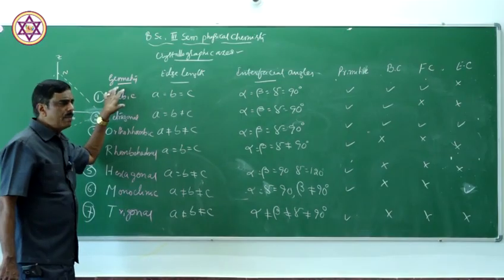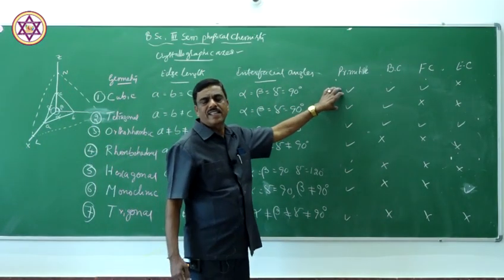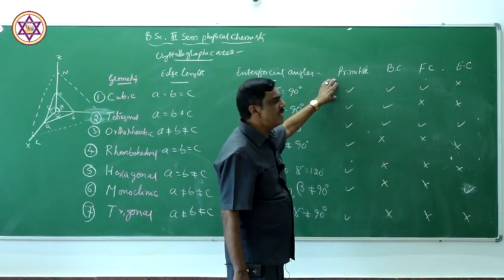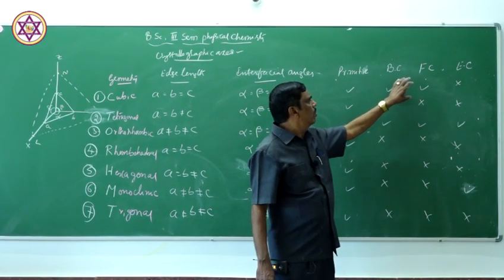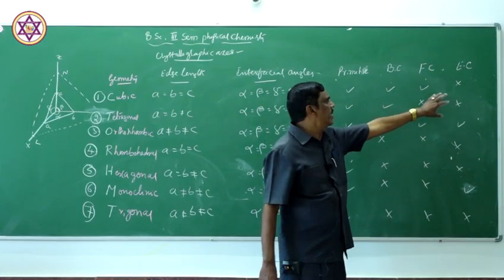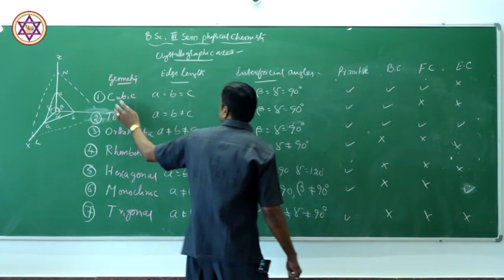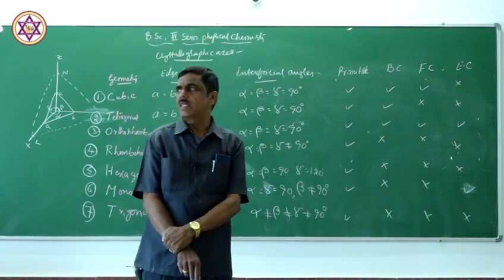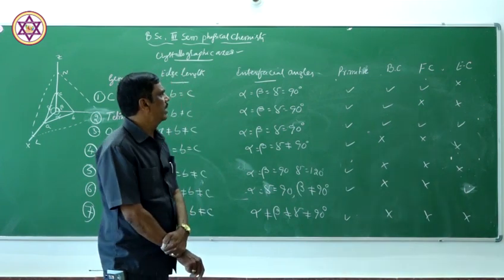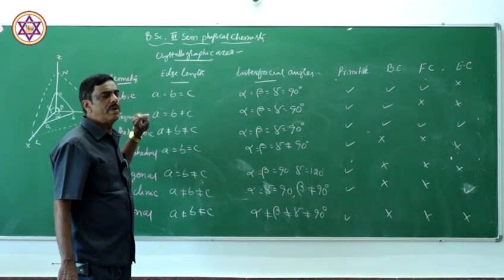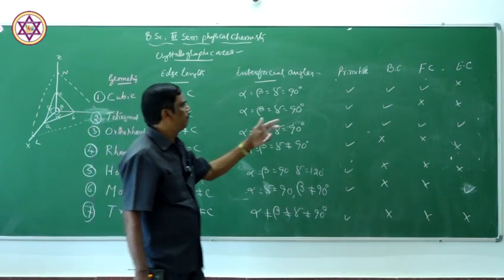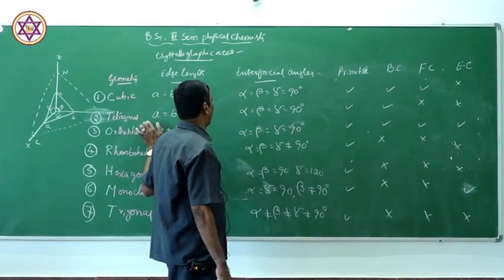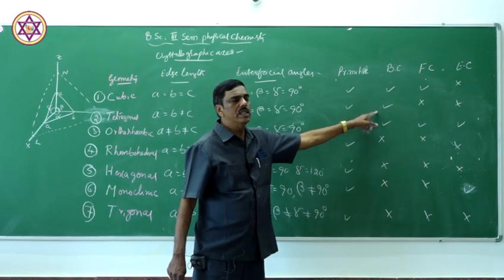In case of a cubic geometrical shape, 3 lattices exist: primitive or simple cubic lattice, body centered cubic lattice, face centered cubic lattice, and no edge centered cubic lattice. In case of tetragonal geometry, there are 2 Bravais lattices: primitive tetragonal and body centered tetragonal.